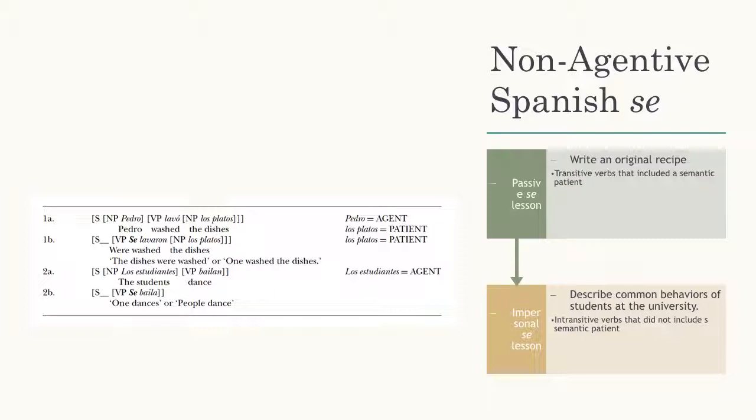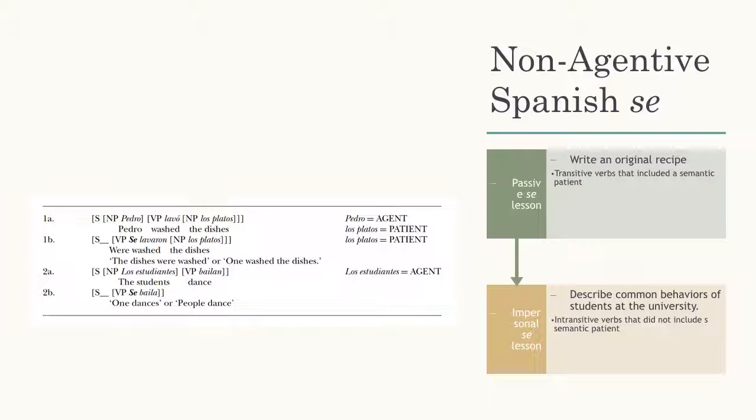As you can see in the example, the agent would be Pedro, the person, and the patient would be los platos, or the plates. For the impersonal se, they use intransitive verbs that do not include a semantic patient, so they didn't have the plates, for example.